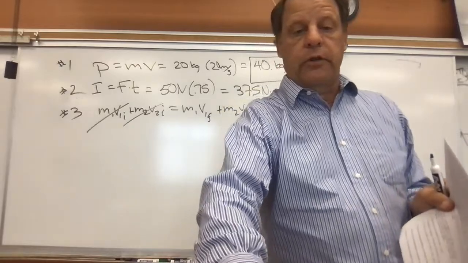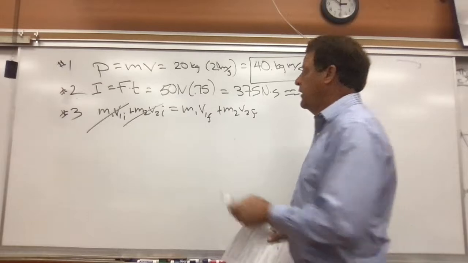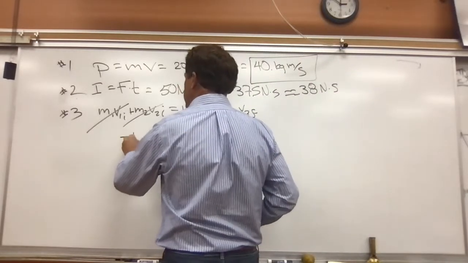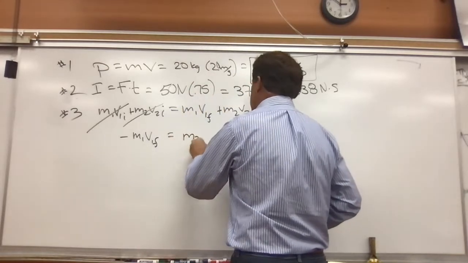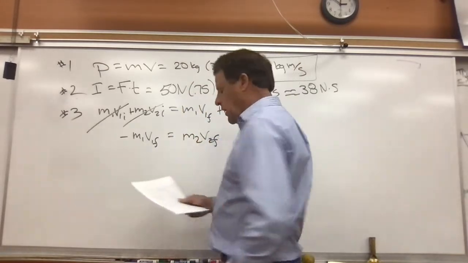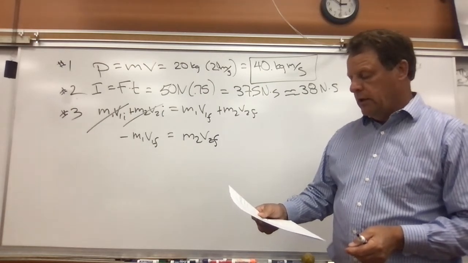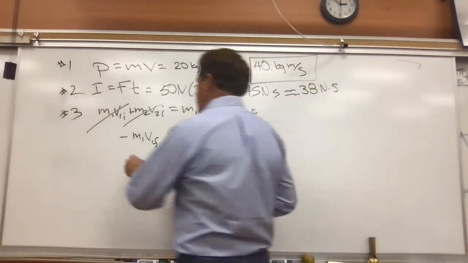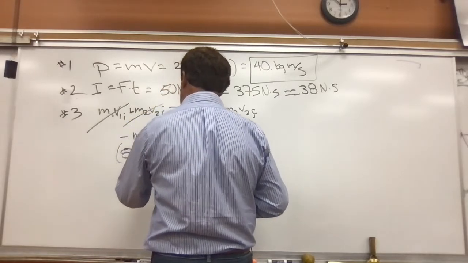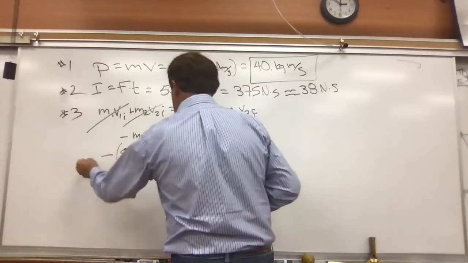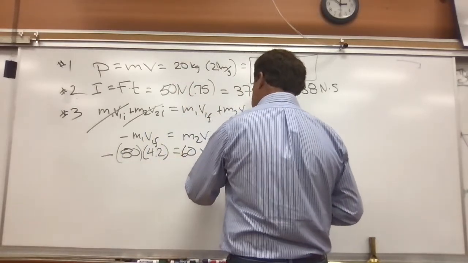I'm going to pause here for a second and get that glare out of the way. All right, so we're back. What we're going to do is take this: negative M1 V1 final is equal to positive M2 V2 final. The first skater is 80 kilograms, and the velocity is 4.2, and that equals 60 V2 final.